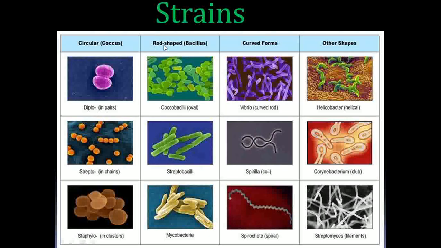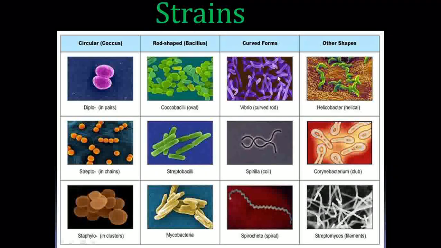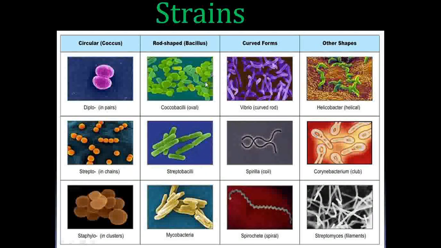You have a rod shape, which is called bacilli. Then streptobacilli, mycobacteria, a cluster of rod-shaped structures. Then the curved form: you can see a slight curve, rather rod and circular. Here you can see a coiled form. Curved ones are always Vibrio.